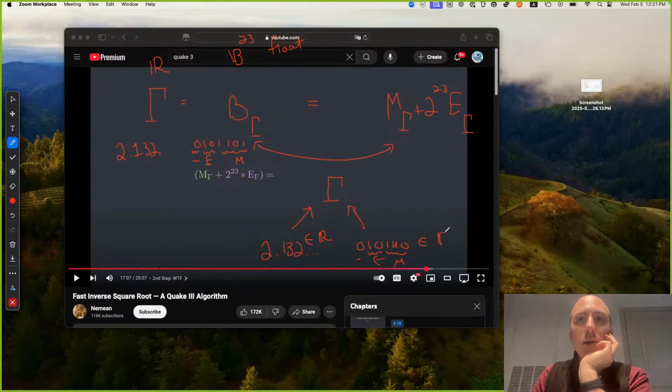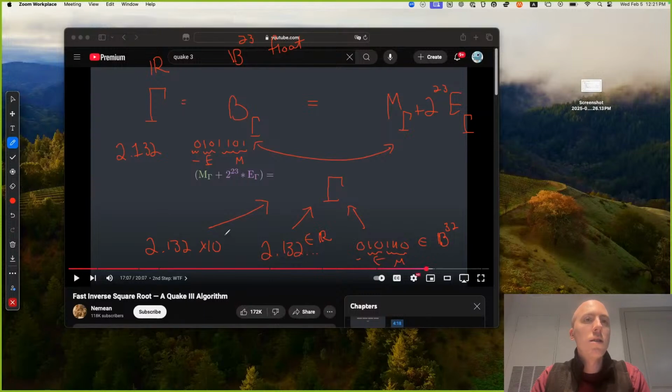And there could also be another representation, which is 2.132 times 10 to the 0 or whatever. This is just scientific notation. These are all different ways to refer to the same thing, basically.